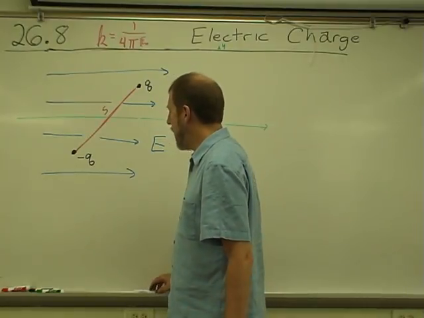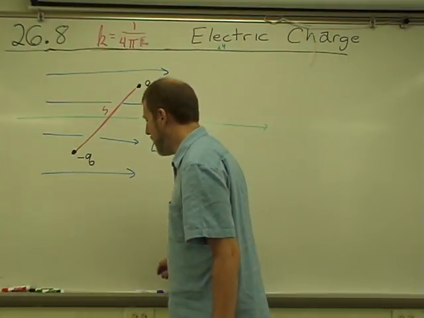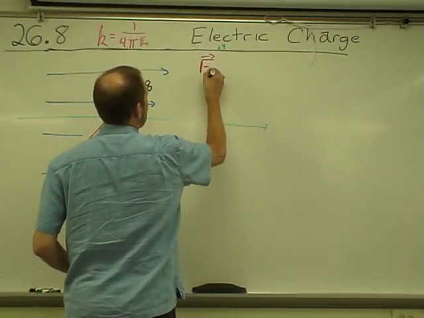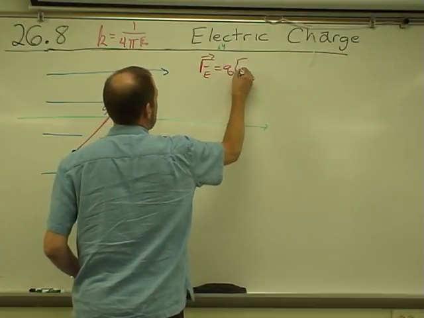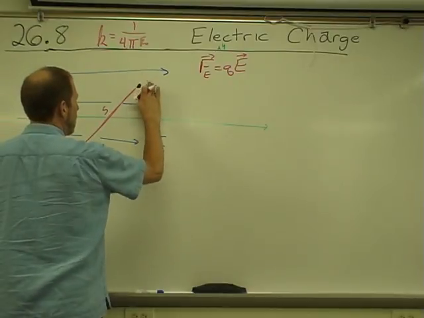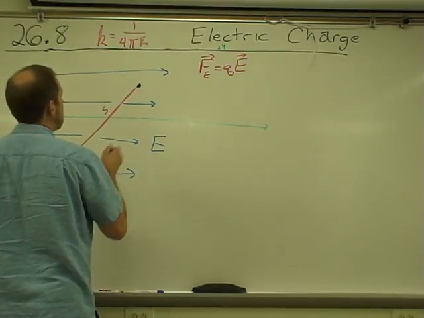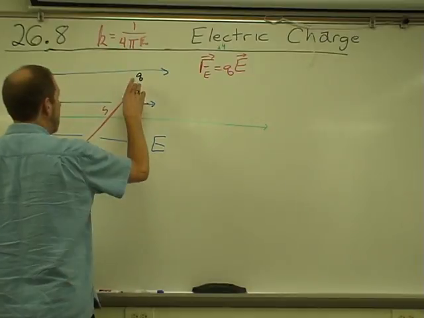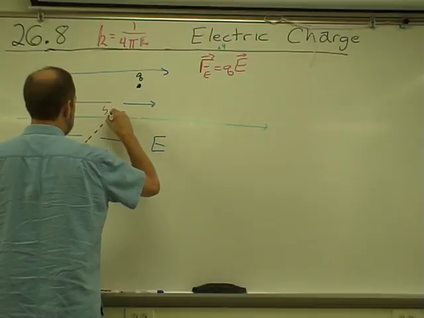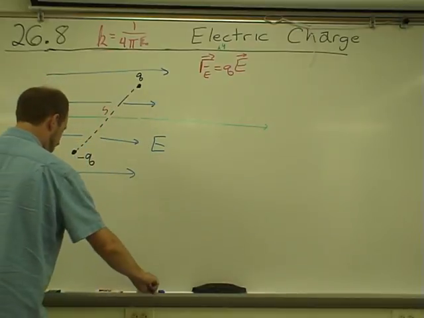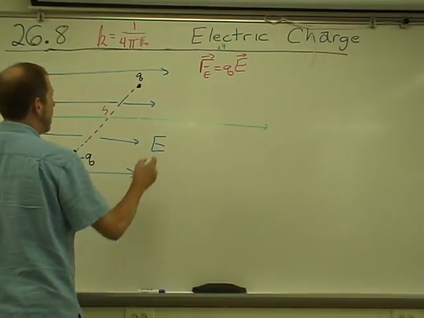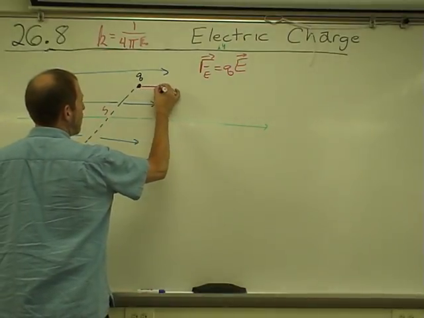And if I want to look at the forces acting on these, well, I know that the electric force is equal to the point charge times the electric field. So, let me replace that with a black dash line so that the red for forces will stand out.